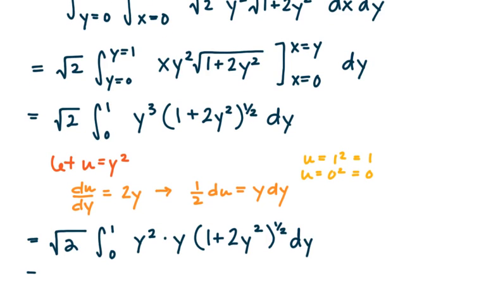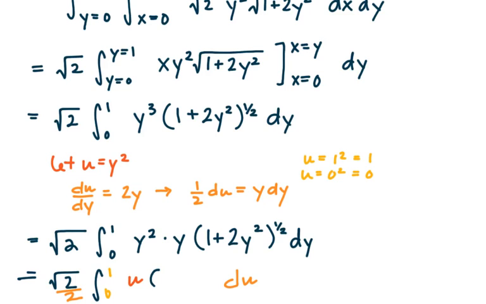And you can see that's going to give me root 2. My bounds didn't change, 0 to 1. So y squared is equal to u. y dy is equal to 1/2 du.